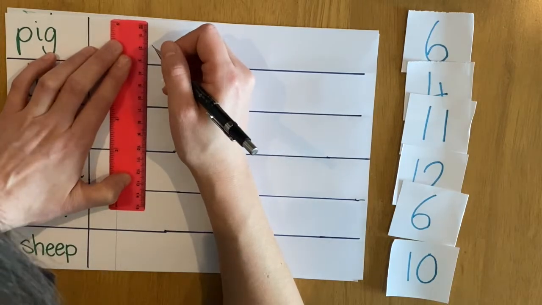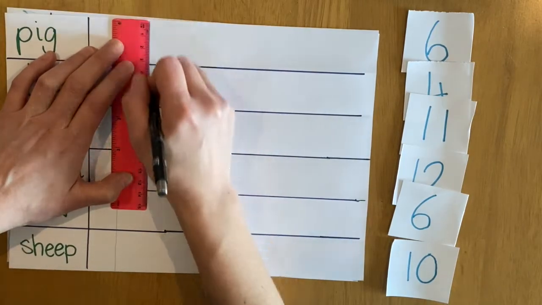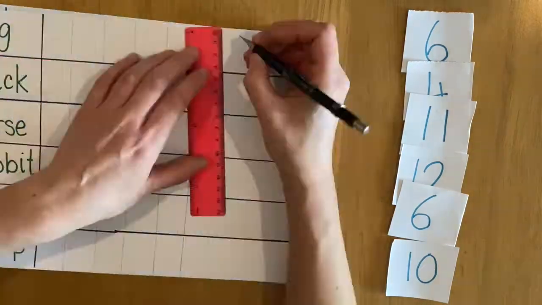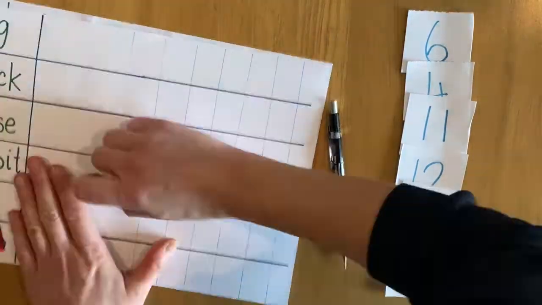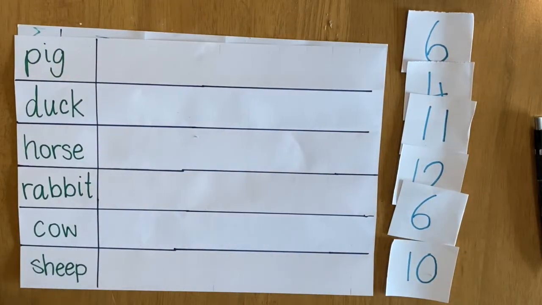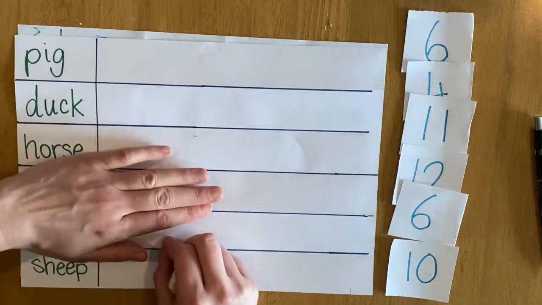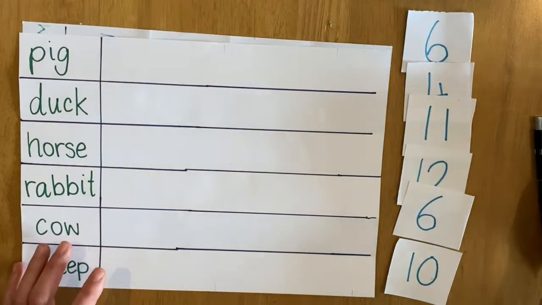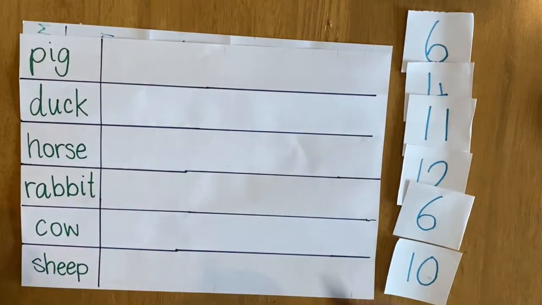So I'm going to draw some lines going vertically. Okay, so you probably saw that I made a massive mistake and I didn't have enough boxes for the 12. So I've had to rub everything out and I'm going to start again. Thank goodness I was doing it in pencil.